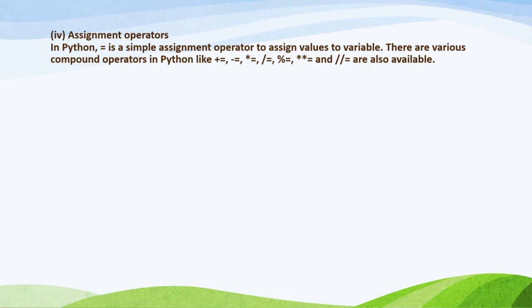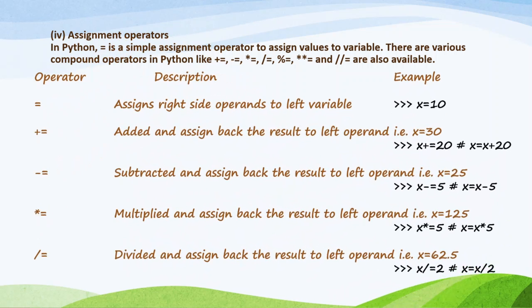There are different compound assignment operators like plus equal to, minus equal to, asterisk equal to, slash equal to, modulus equal to, power equal to, and floor division equal to, which are also available in assignment operators. Let us see. The operator, description and an example are given here.